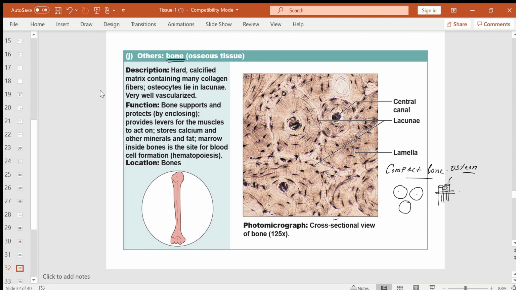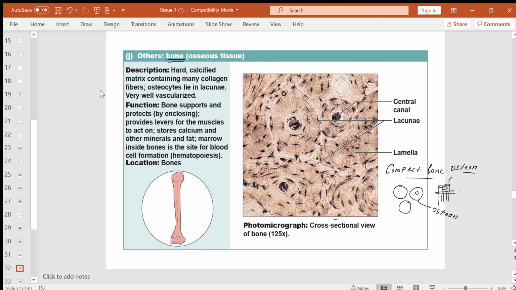Okay, so each circle here is an osteon. Now if you see the structure of an osteon, in the center you have a canal called the central canal.